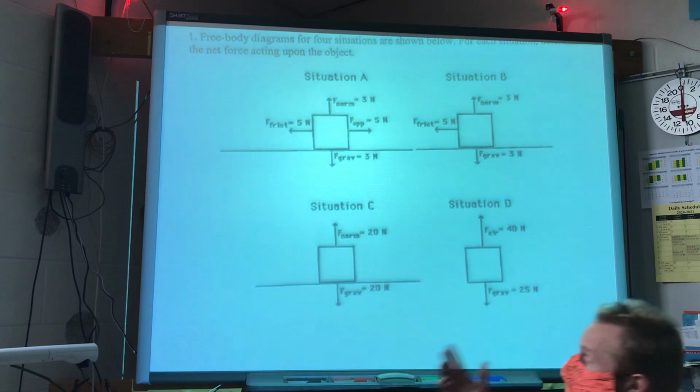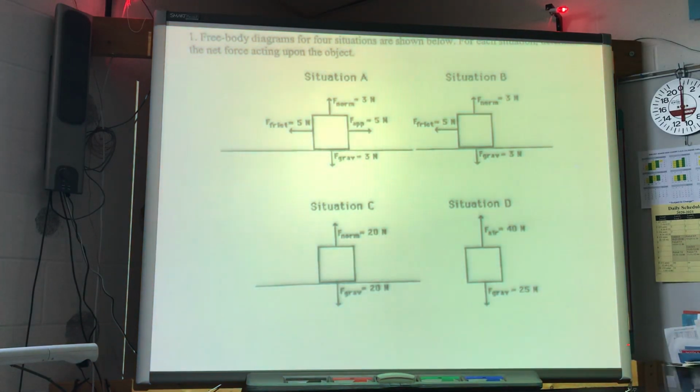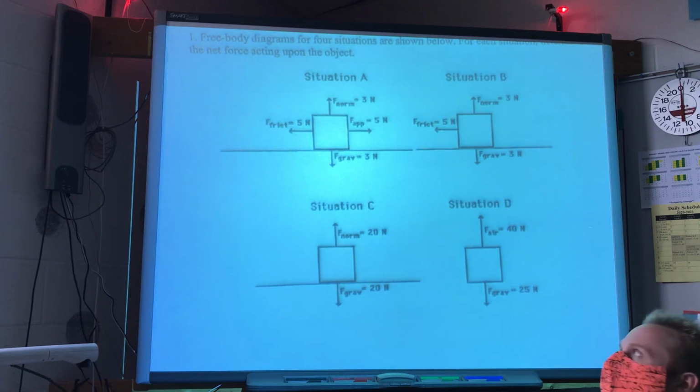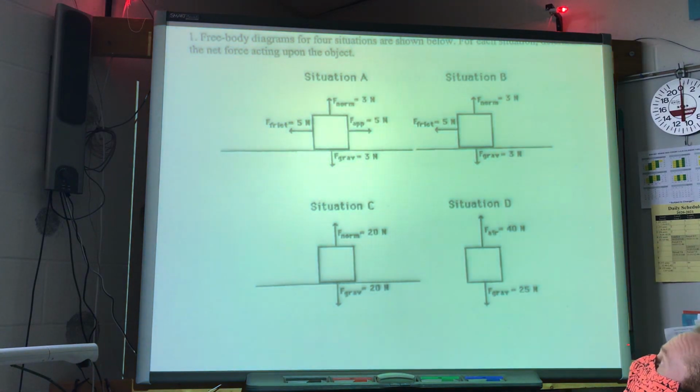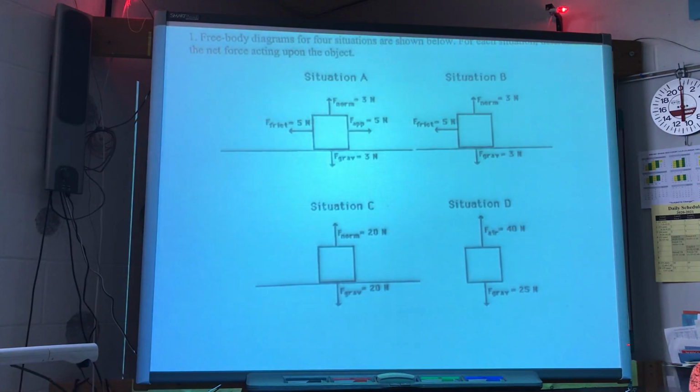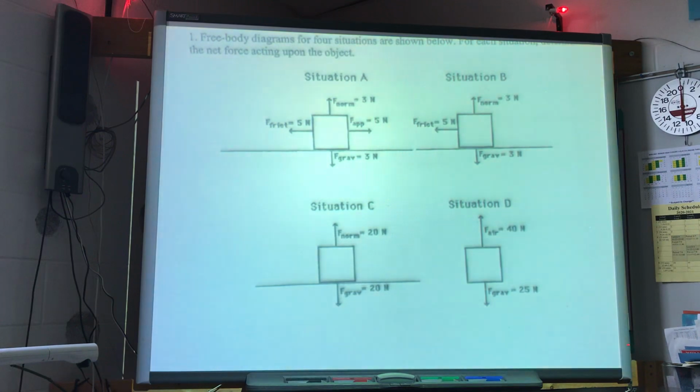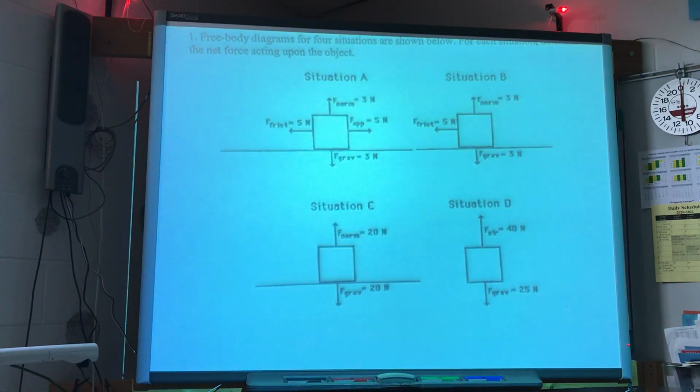But it's a box. I'm not a great artist, I don't know if you've noticed that yet, but I'm okay at drawing boxes. So we draw a box and we draw arrows and we label all of the forces acting on the object. A free body diagram is a picture with all the forces acting on it.